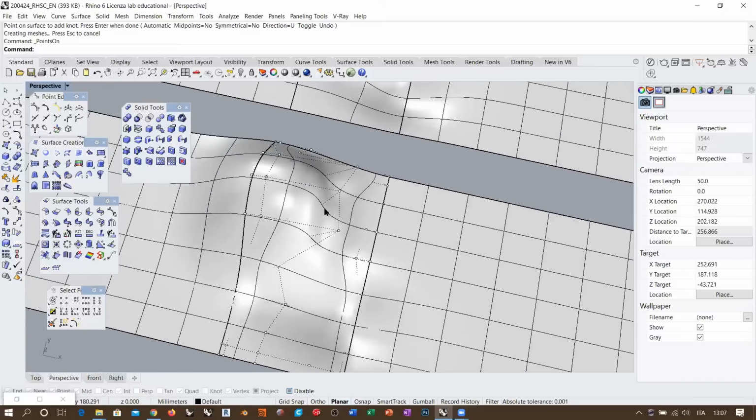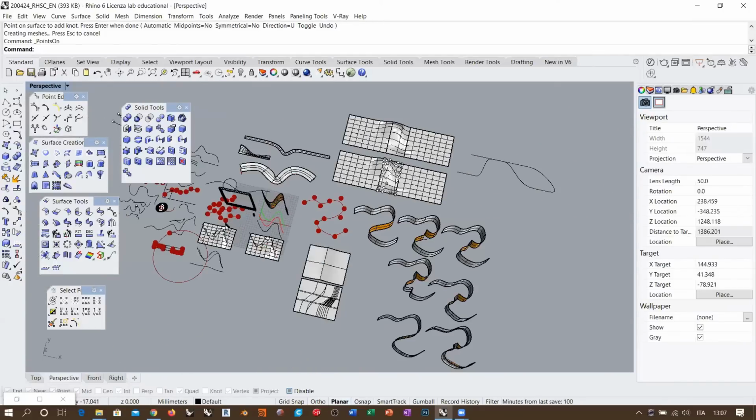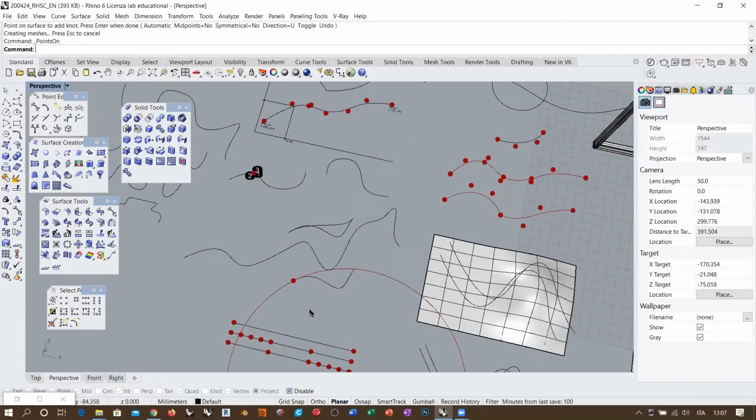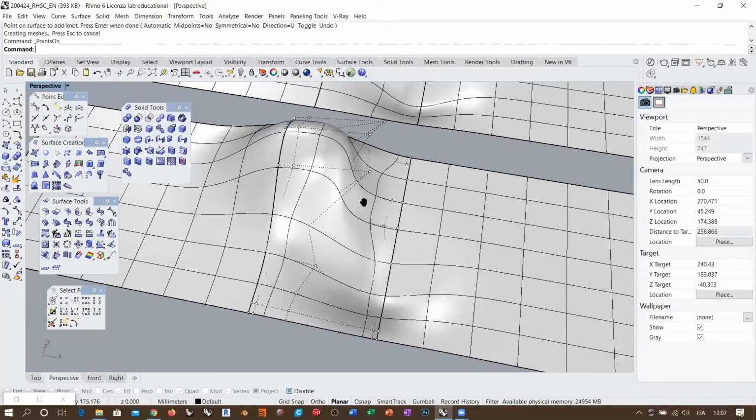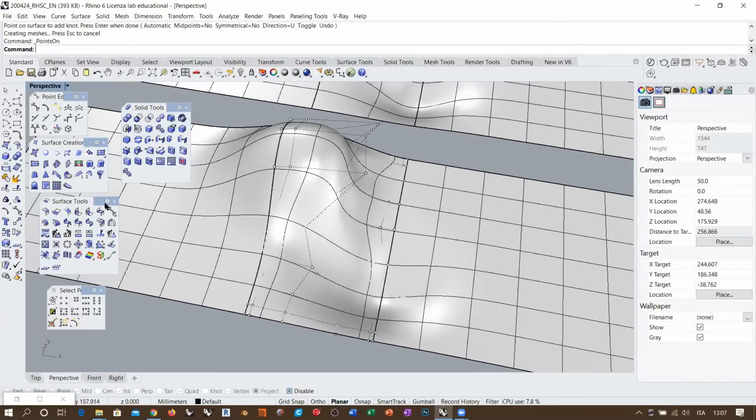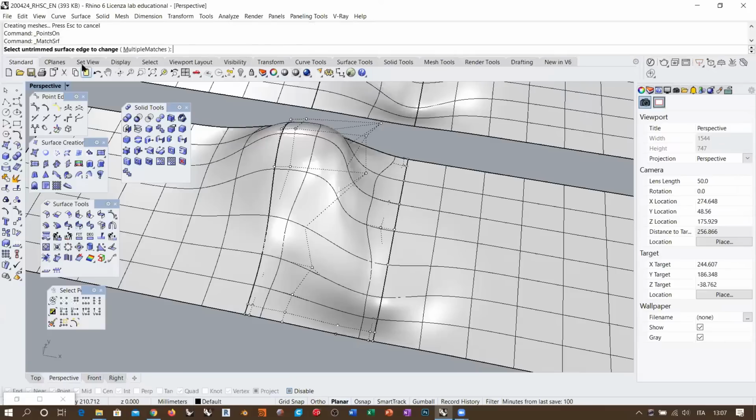How can we do this? As we were doing with the match command that we were using here, there is a match for the surface. Now, I go into here, surface tool, and this is the blend, and this is the match. So what I want to do, I want to match the untrimmed surface edge to change.